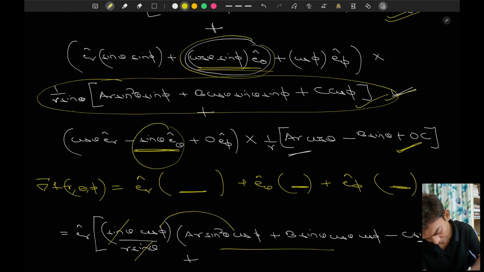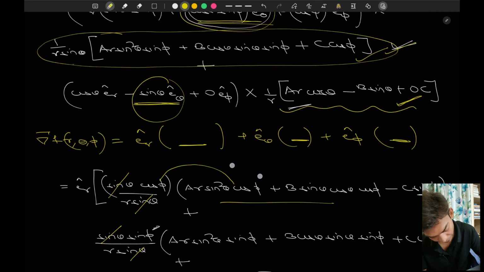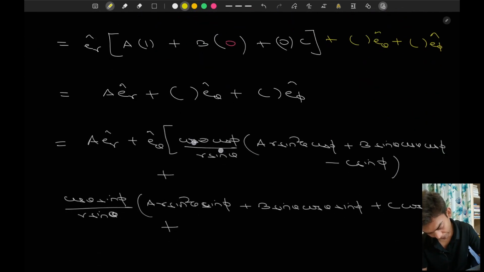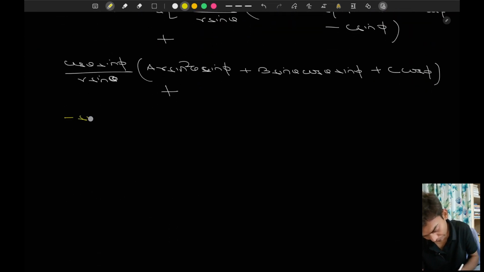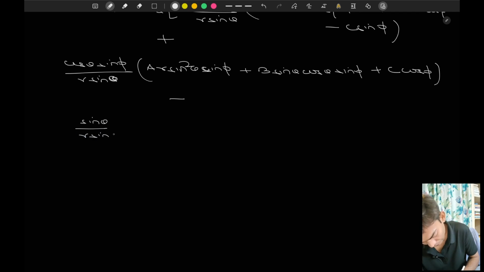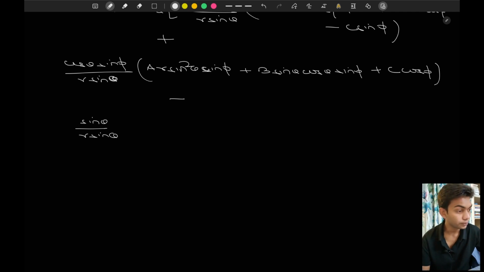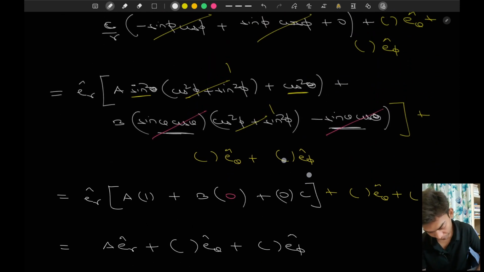And then lastly we have this term multiplied with this entire term. So let's do that. It is minus sine theta. Sorry, let me change my color. This plus becomes minus sine theta by r sine theta, right? Sorry, there is no r sine theta.